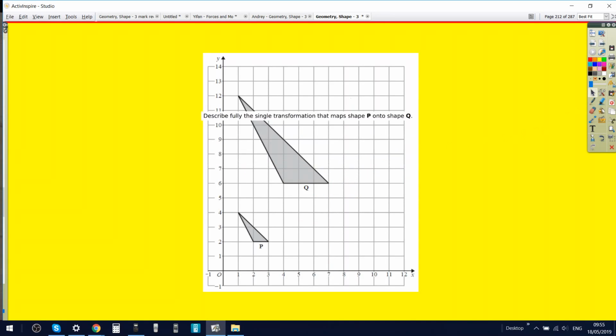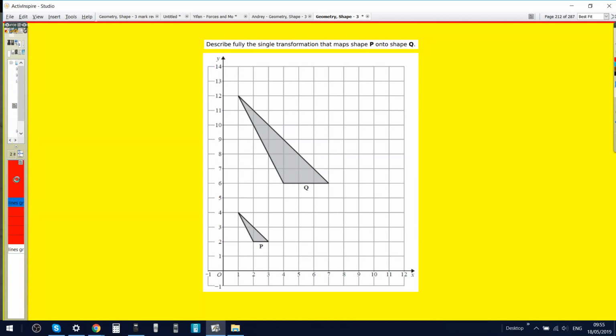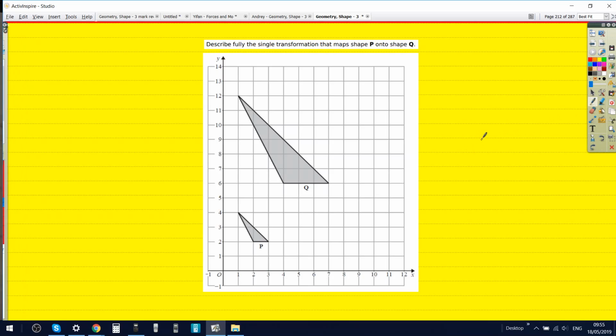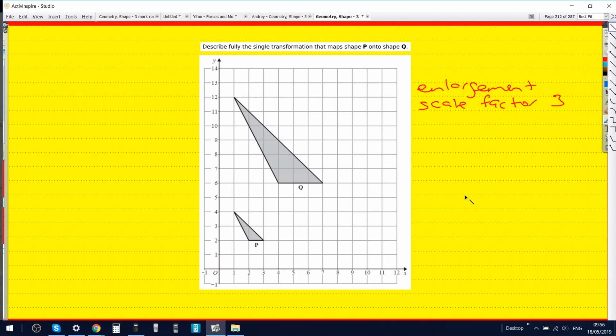Okay, so how about this? Scale factor, enlargement, scale factor 3. What would you do? And then is the center 2, 2, 6?